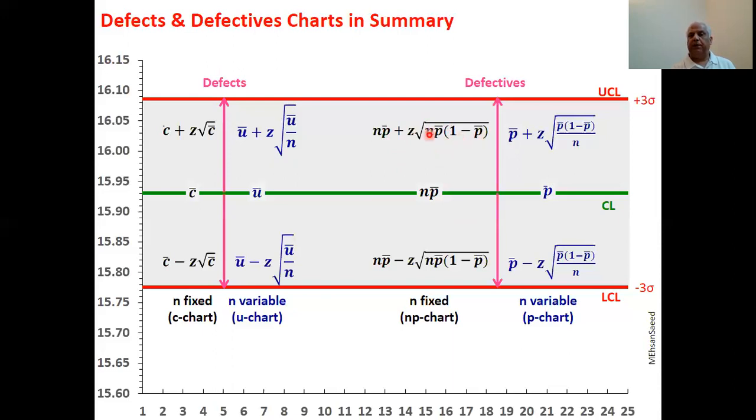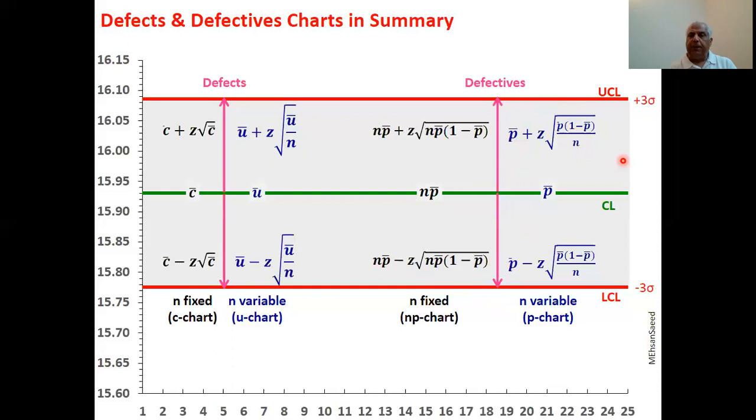P bar is found by dividing NP bar by N, and they cancel, and we are left with P bar. And minus for the lower control limit. When the sample size is variable, then instead of NP bar, we have simply P bar, and the N transfers to the denominator. But because this N is variable for every sample, the upper control limit is different for every sample, and of course minus for the lower control limit.